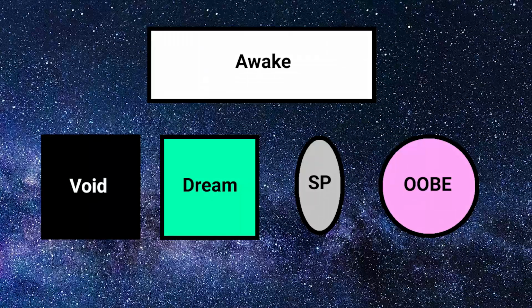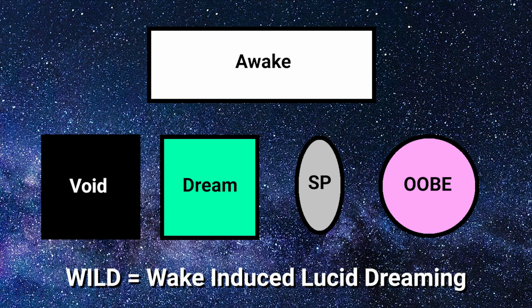Now that we've gone over the 4 states in my model, I'd like to go over the 2 or 3 methods of lucid dreaming. So all techniques can be classified under one of these 2 or 3 methods of achieving lucidity. So the first method is WILD or the wake-induced lucid dream.